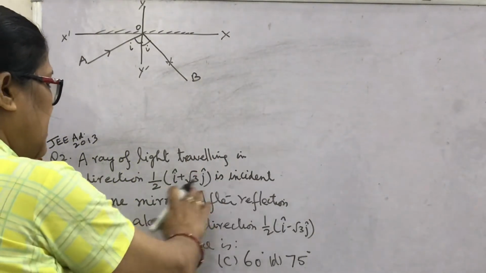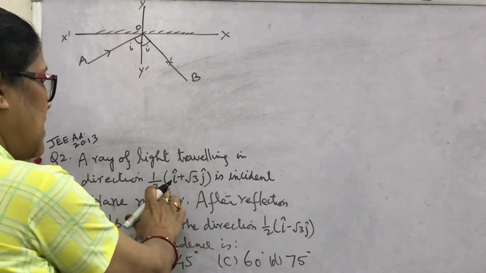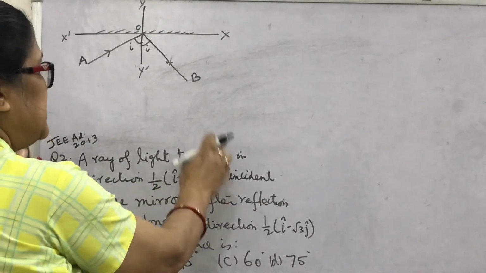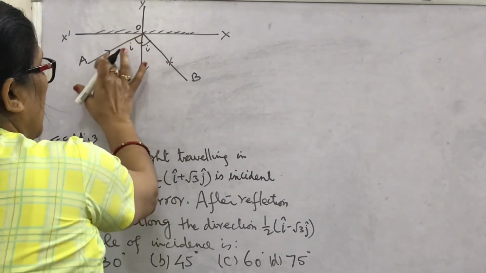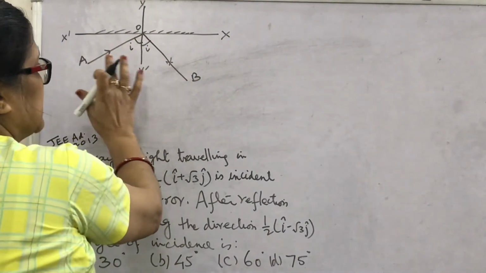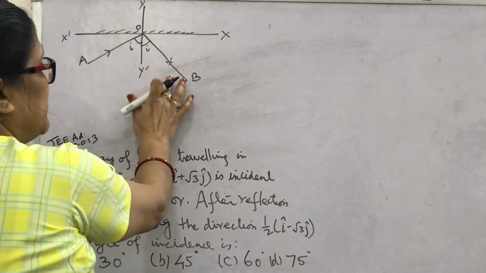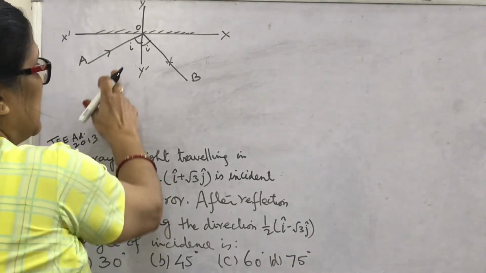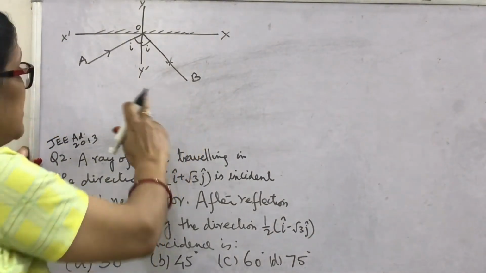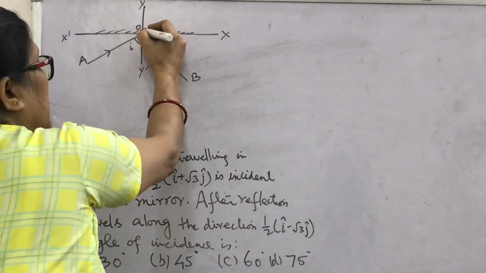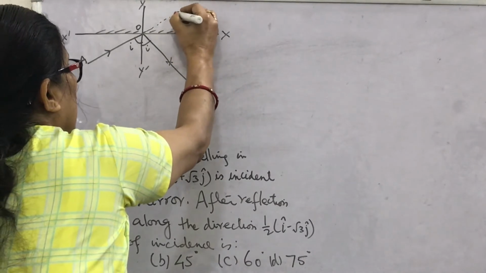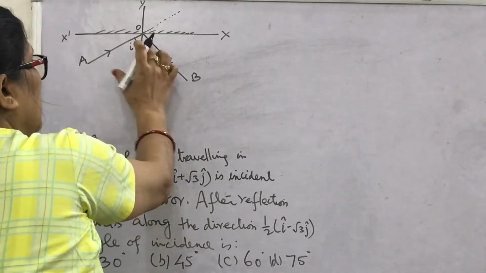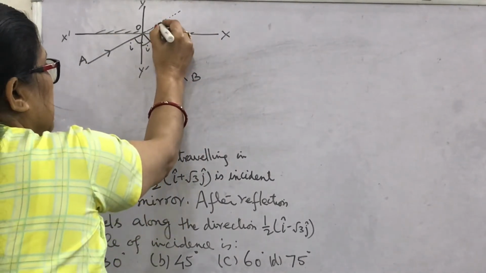It is given the incident direction is (1/2) i cap plus root 3 j cap. If you see these two vectors, what is the angle between them? Is it 2i? No, this is AO. That means if you extend AO, then the angle between these two vectors is this one.